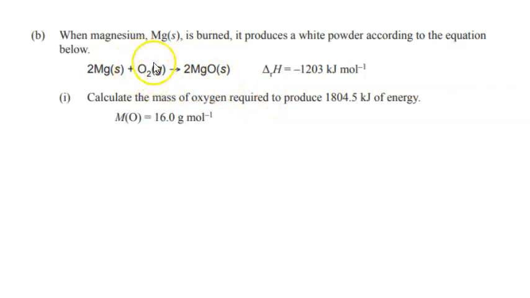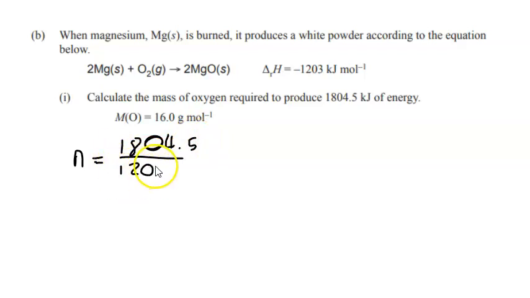So what we need to do is calculate how many moles of oxygen we need in order to release that amount. If 1 mole of oxygen gas releases this much, how many moles of oxygen gas release this much? There's no real formula for this. We just go 1,804.5 and divide that by 1,203.